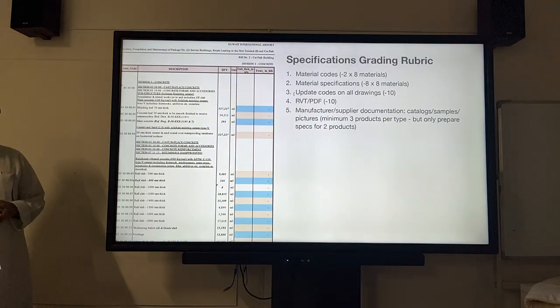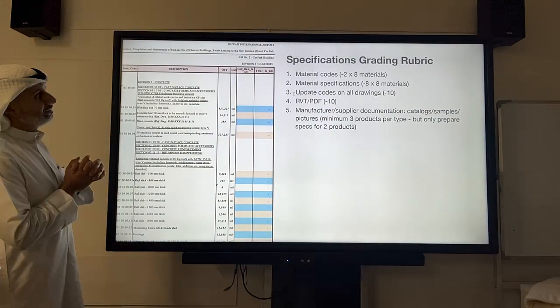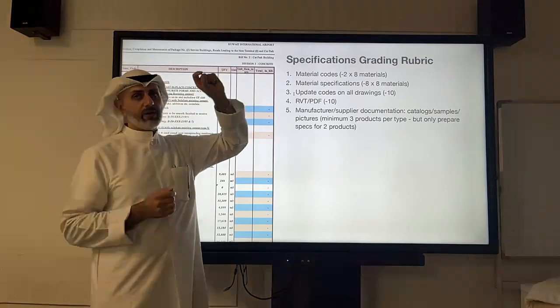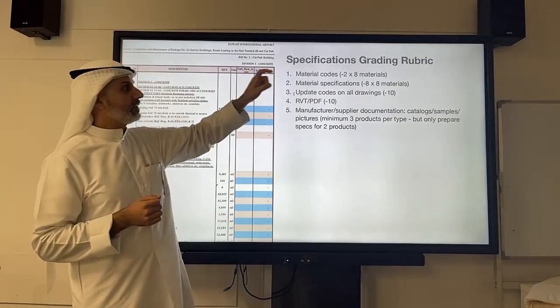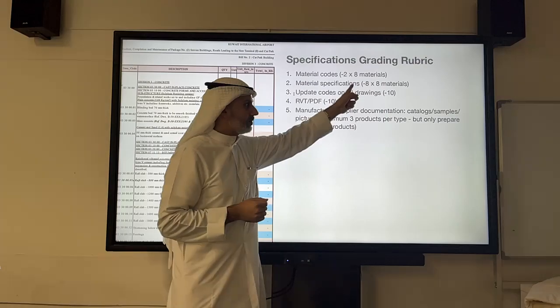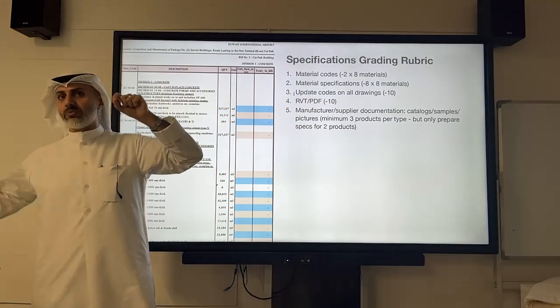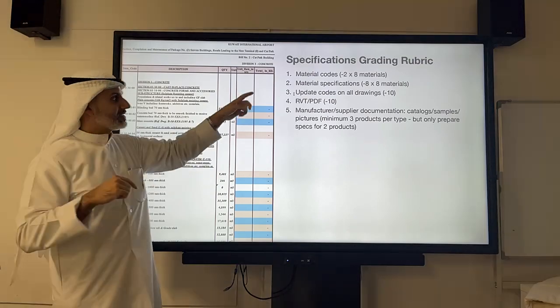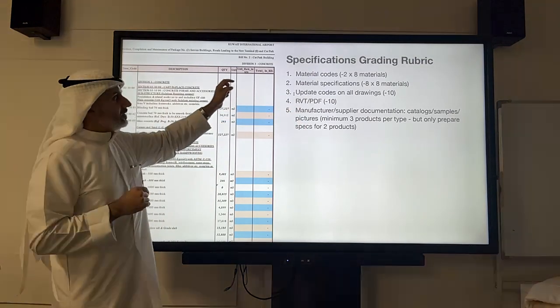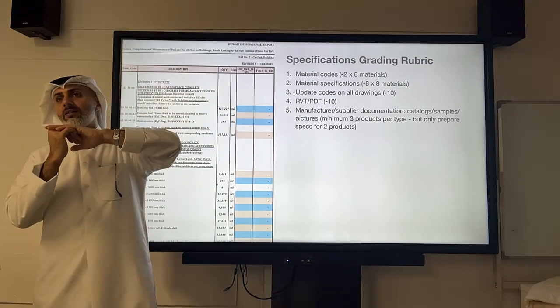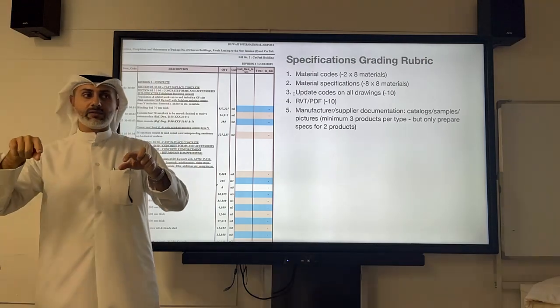So the grading rubric for the specifications: the material codes, so ST01, BR01, and so on, 2 points per material, times 8 materials. Then you have the actual specifications, the description, the 2-3 lines you will write, that's 8 points. Like I was saying, it's not just doing that sheet.